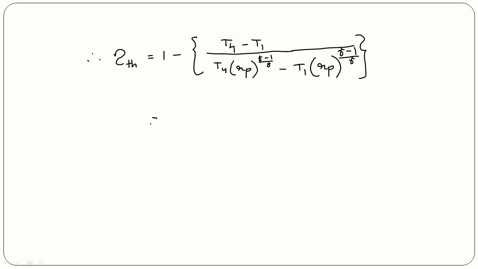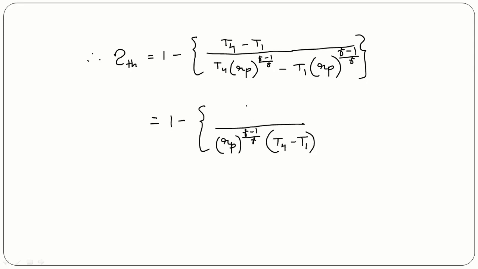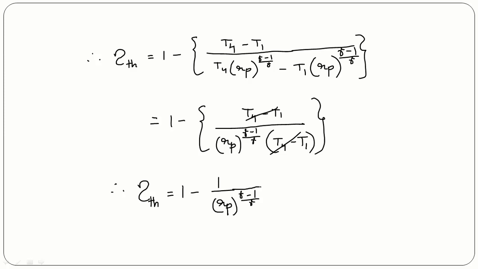Now from this we can write 1 minus, if we take Rp to the power (gamma minus 1) by gamma common in the denominator, then it will be (T4 minus T1) in the denominator, and in the numerator it will be (T4 minus T1) only. Now these two will get cancelled, so therefore the thermal efficiency will be 1 minus 1 by Rp to the power (gamma minus 1) by gamma. So this is the thermal efficiency of the Brayton cycle in terms of pressure ratio.